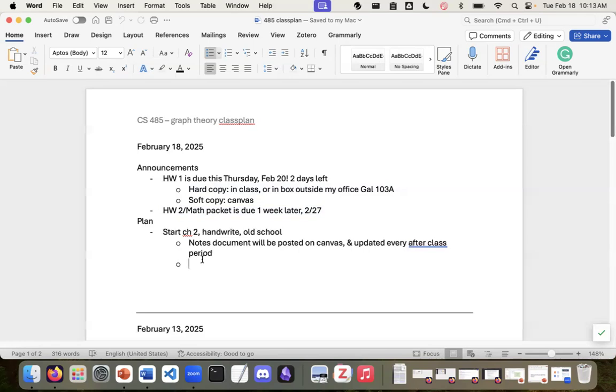If you have the textbook, you can follow along with chapter 2, and I'm going to go pretty much through it. I might skip a few things, but a lot of the definitions and diagrams are really helpful to learn what's going on. So this is a place where I think the textbook is useful.